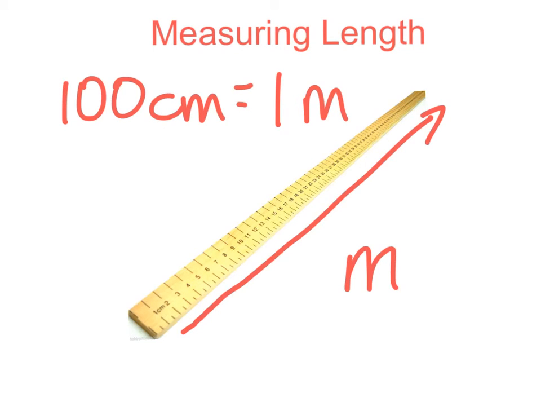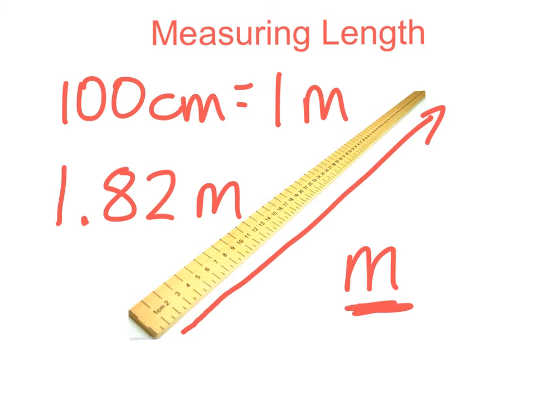Mr. Siemens, for example, is 1 meter and 82 centimeters. That's how I'd write it, 1.82 meters tall. Or maybe you're wondering how long a house is or how long a driveway is. You're going to want to use meters because centimeters are too short. Remember, there are 100 centimeters in 1 meter.